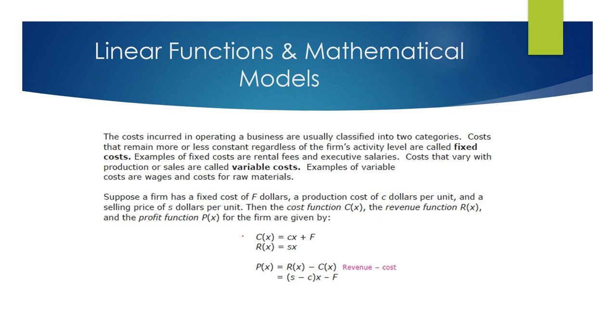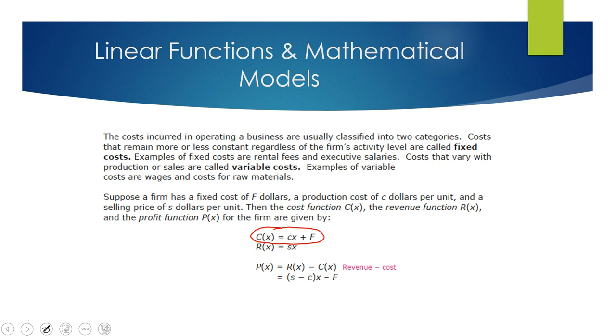So suppose a firm has a fixed cost of F dollars, a production cost of C dollars per unit, and a selling price of S dollars per unit. They make this sound much more difficult than it is, so I'm not going to get into that too much. But essentially, you're often going to have your cost function be a cost per unit times the number of units, plus some fixed cost.